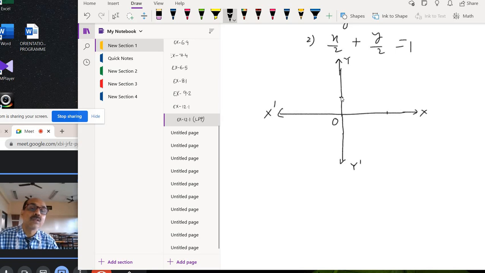Join these 2 points. This is one line, and another one is x2 y2, both are 2.